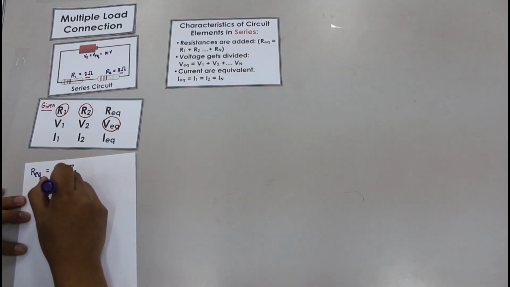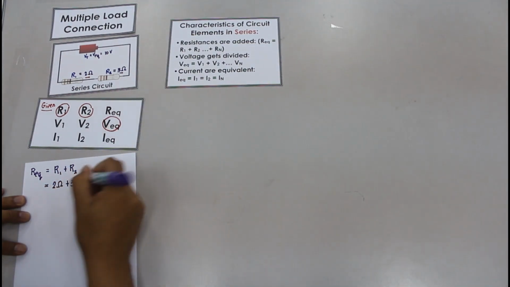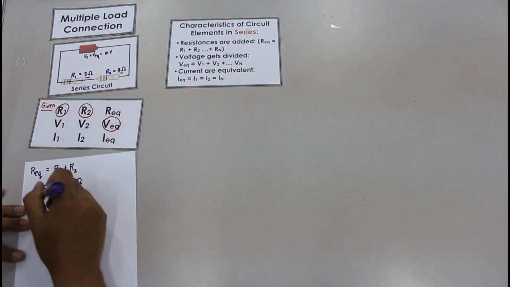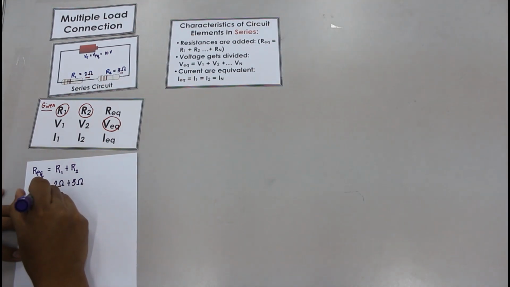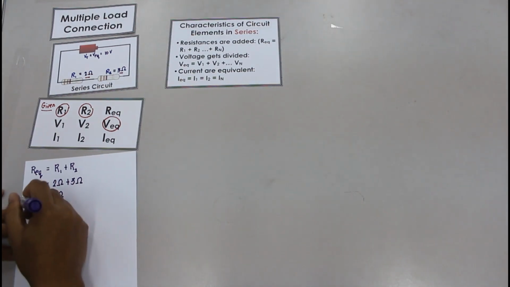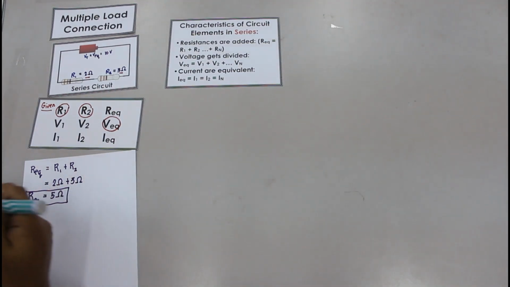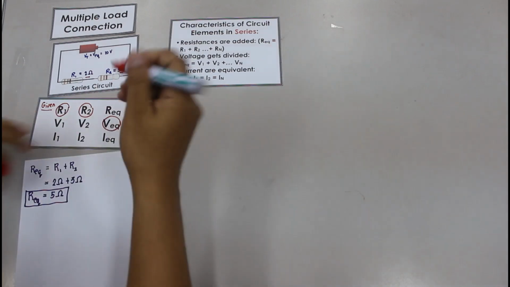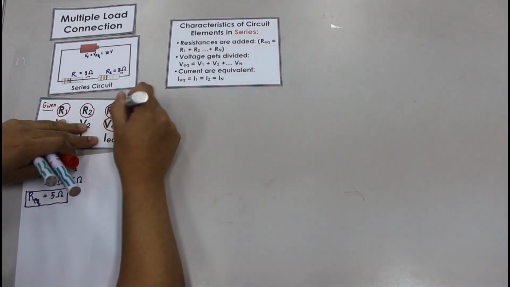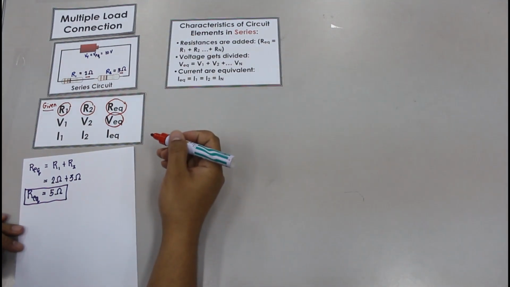So the values are 2 ohms and 3 ohms. That will give us an R equivalent of 5 ohms. Since we're already done solving for R equivalent, we can encircle that in our guide and note for some others that we can solve.